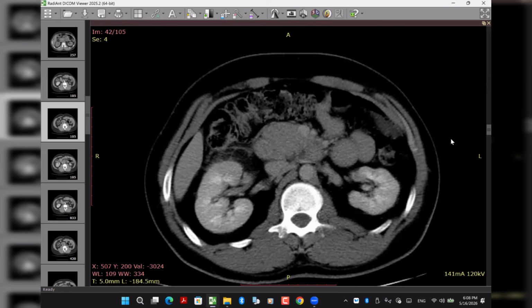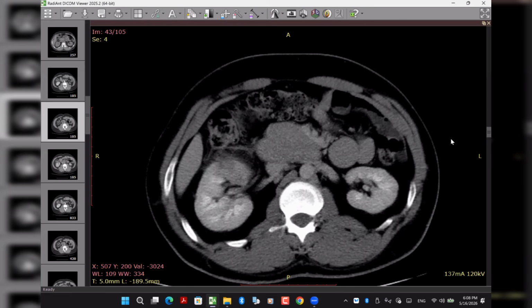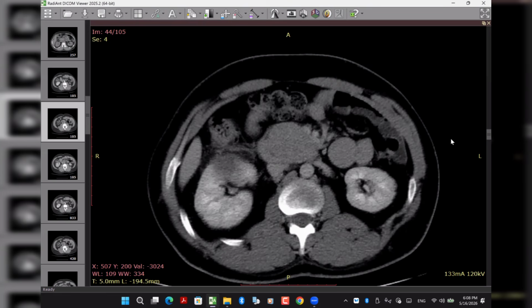I can't see any other lesions within the rest of the right kidney or the left kidney, and I could not see any hydronephrosis or reactive thickening in the pelvicalyceal system.